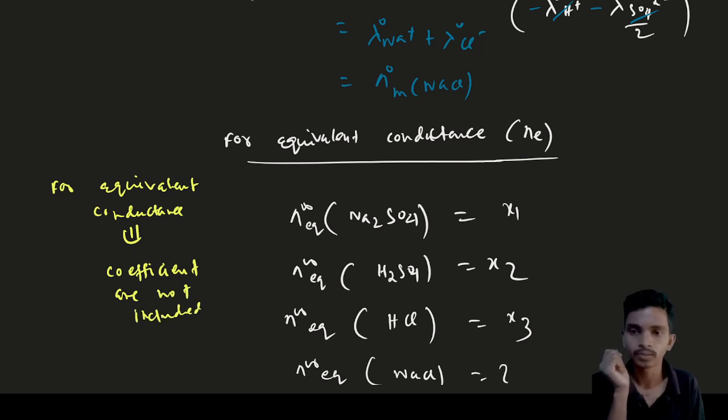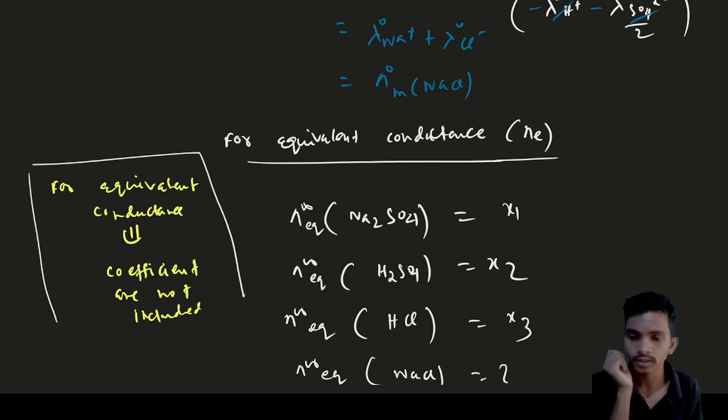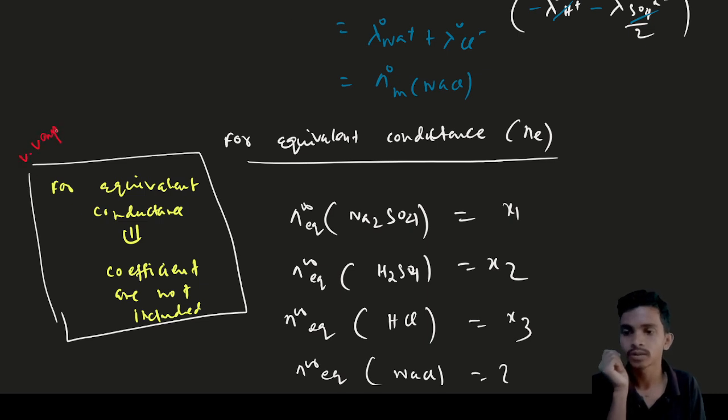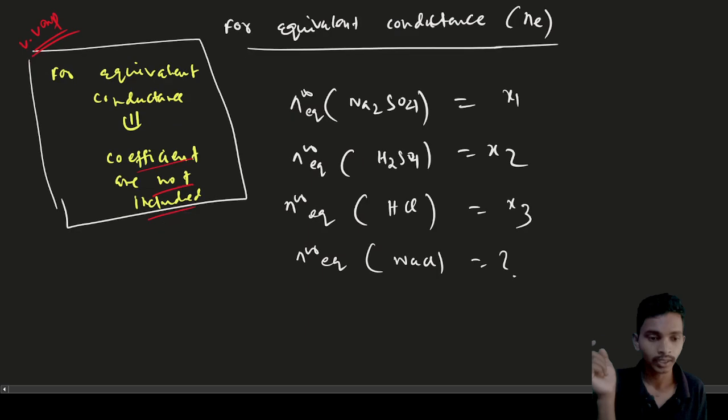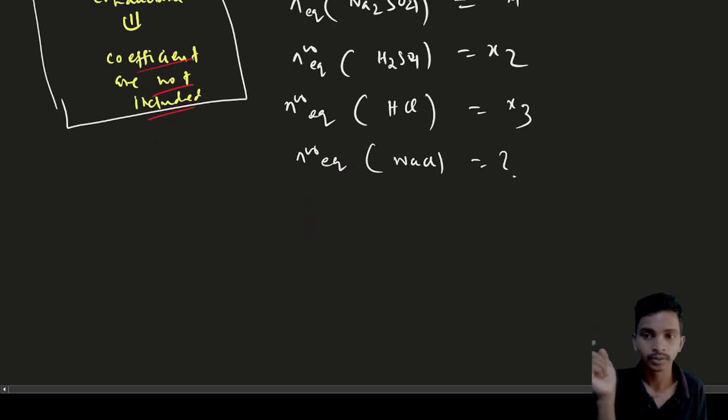This is a very important point. For equivalent conductance, coefficients are not included. Very, very important. But for molar conductance, coefficients are included. But here, not included. Why is it so? We will discuss. Okay, so this is very, very important.